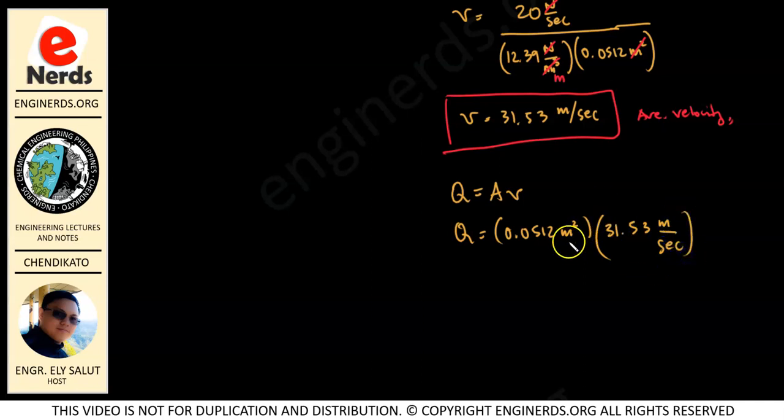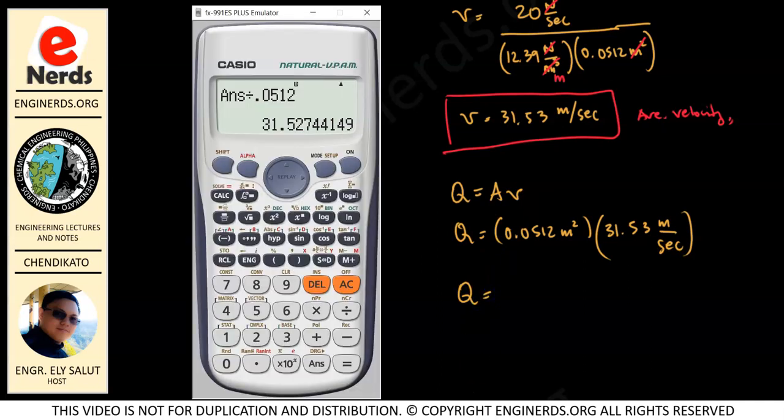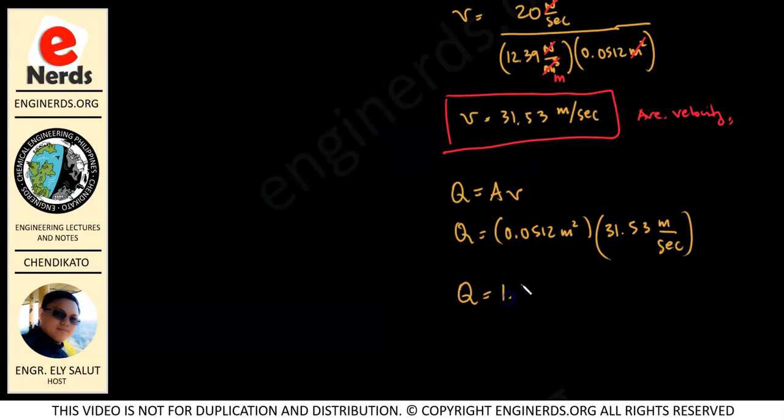Therefore, our unit will be cubic meter per second. So our Q is equal to 31.53 times 0.0512, which is equal to 1.614 cubic meters per second. So this is our final answer here.